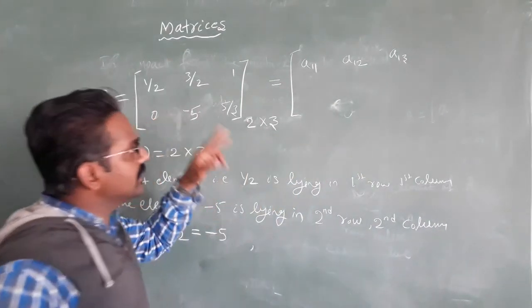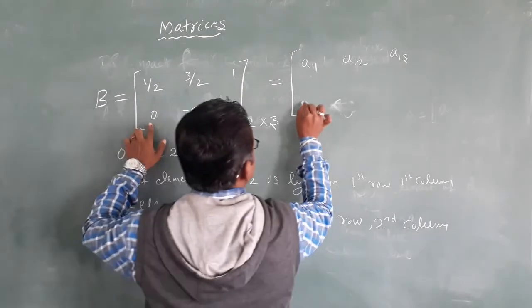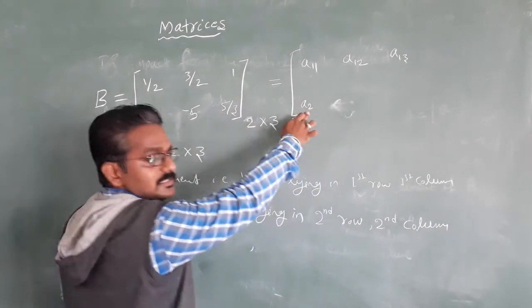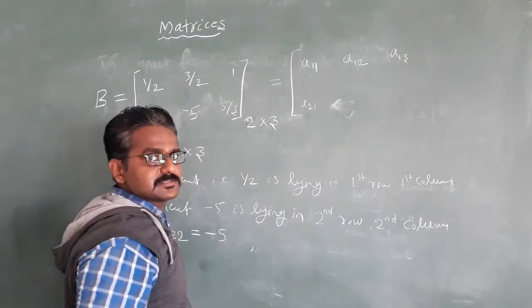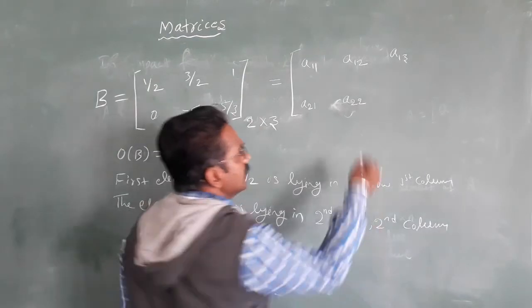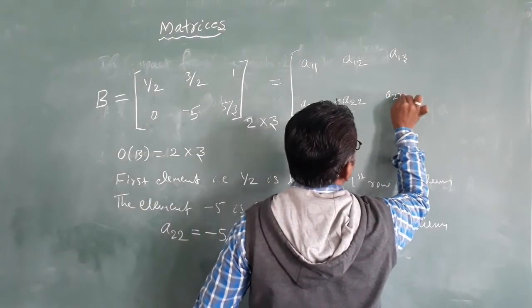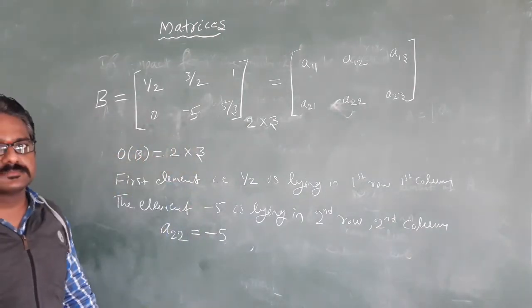Finished. Only 3 columns, up to 3 columns are written. Next, second row. The first value always represents the row value. Second row, first column. Next, second row, second column. Next, second row, third column. Just compare the values here.